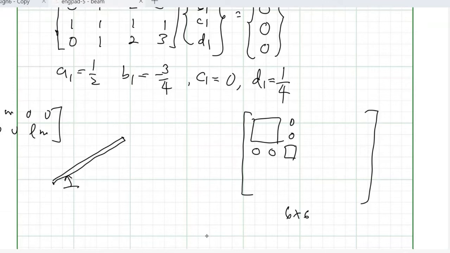For the frame we have this additional term, and of course we have our rotation. So that's why we have 3 degrees of freedom. I'll talk more about the frame later when we get into it.